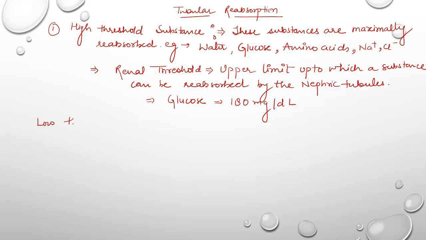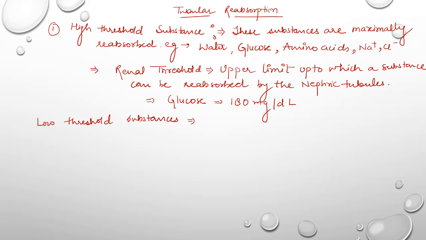Low threshold substances. Okay, low threshold substances means that these substances have less tendency to get reabsorbed. How will your body decide whether the substance is required in greater or lesser amount?